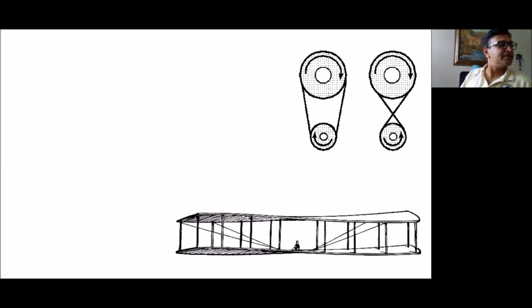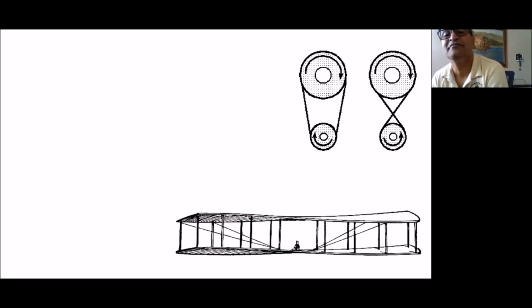We'll finish with creativity, actually. And then they were very, very creative. In creating all these things, you can see they had only one engine, and they had two propellers on both sides. Can you see that picture right there?